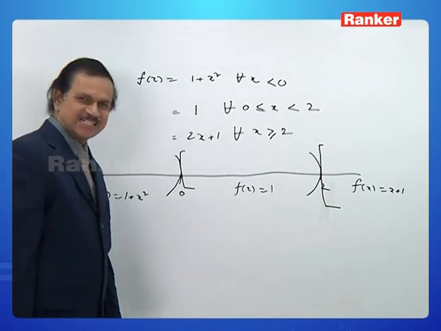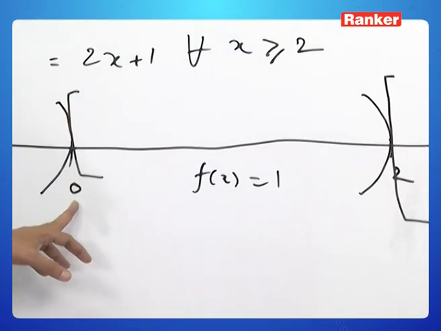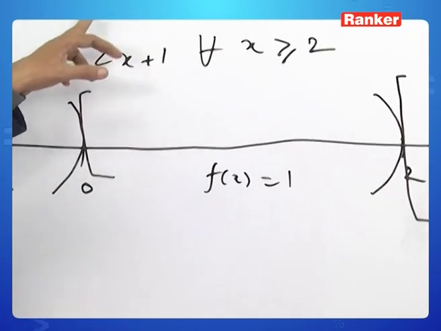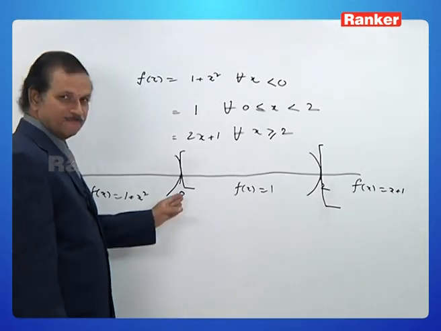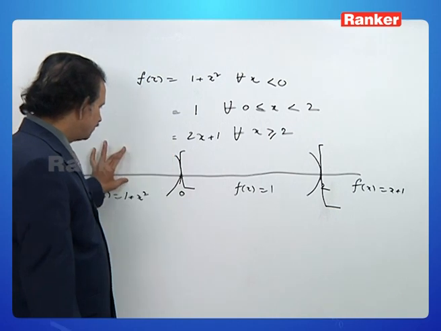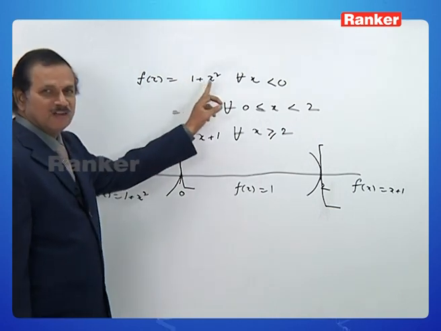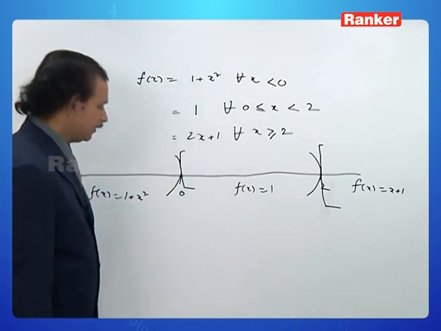Okay, let us test at 0. What is f of 0? 1. f of 0 from the left side is, by definition, 1 plus 0, 1. Happy.